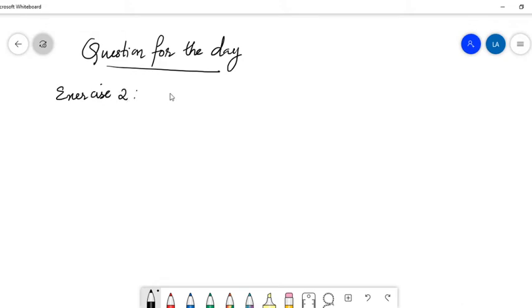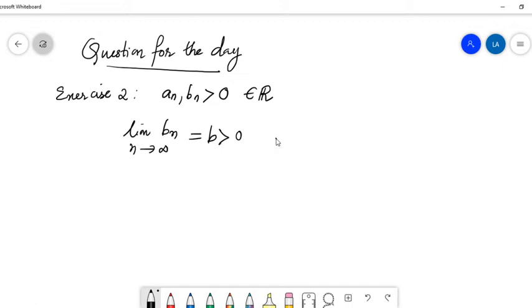It says if an, bn are positive real numbers such that we know limit of bn as n tends to infinity is equal to b, that is strictly greater than 0, and limit supremum of n tends to infinity an is equal to a.